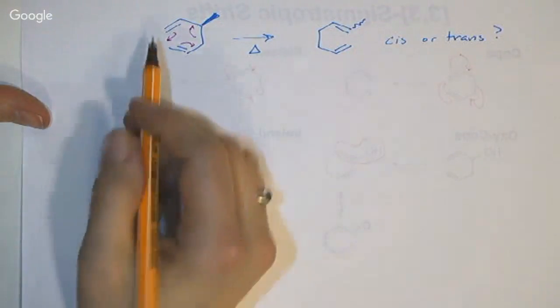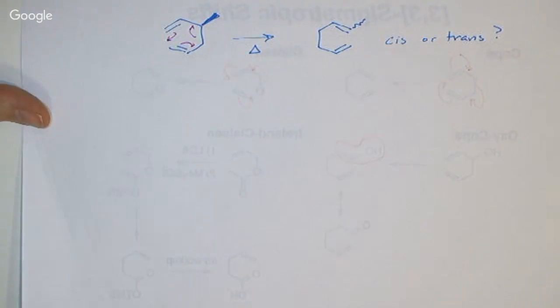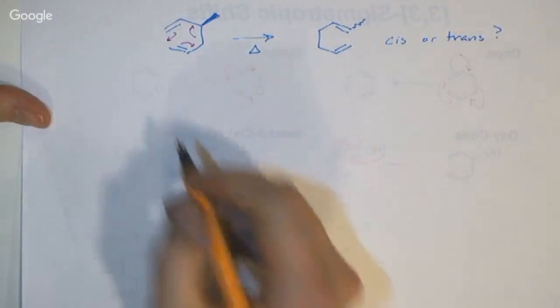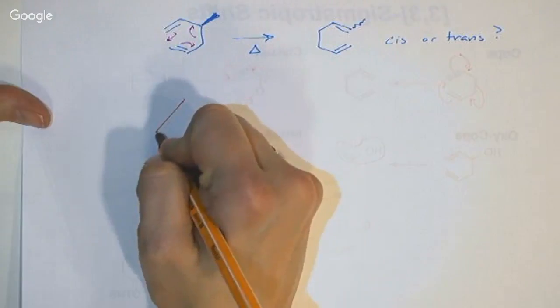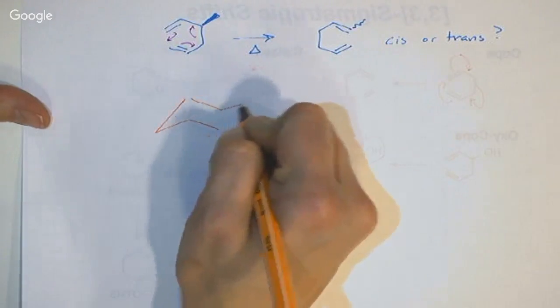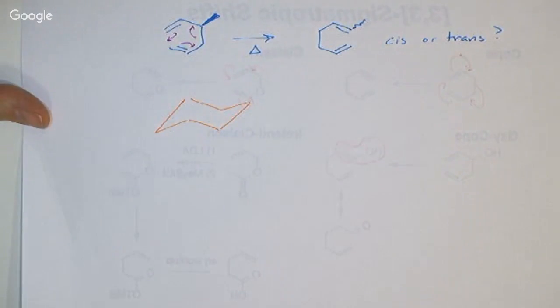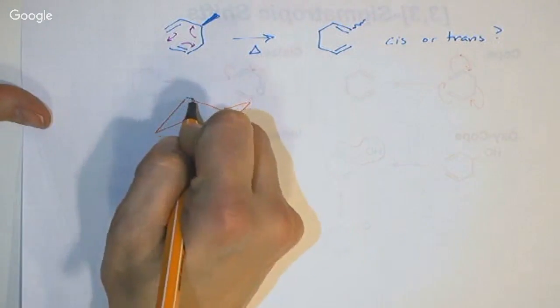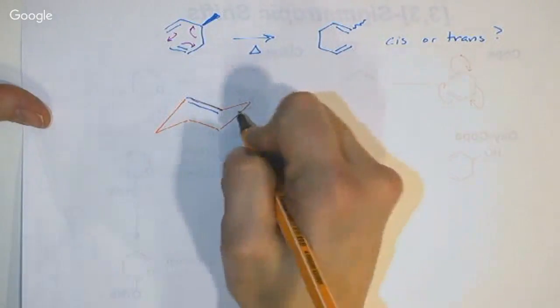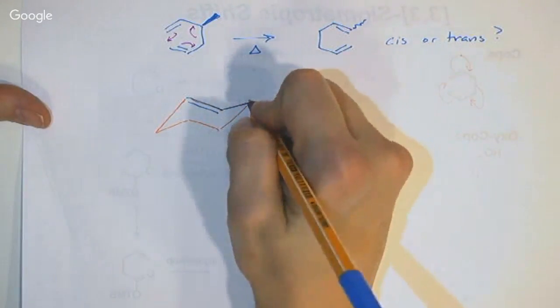Okay, and we can do this all by mapping this onto a transition state. All right, so I'm going to use a light color just to draw myself a chair so that I have an idea of what I'm doing. Then I'm going to map my starting material onto this. Okay, so I've got my double bond, moving over here.